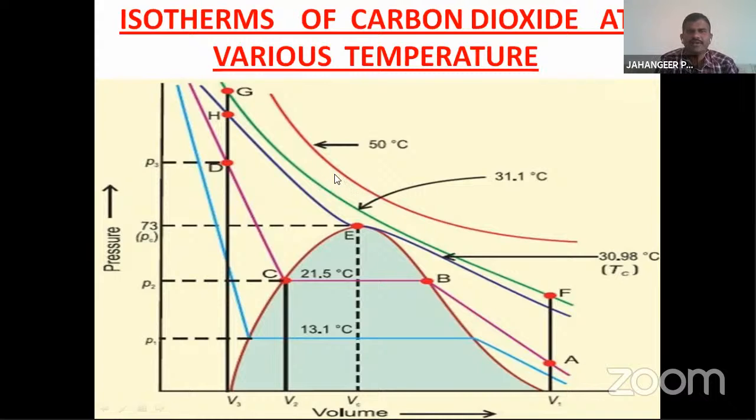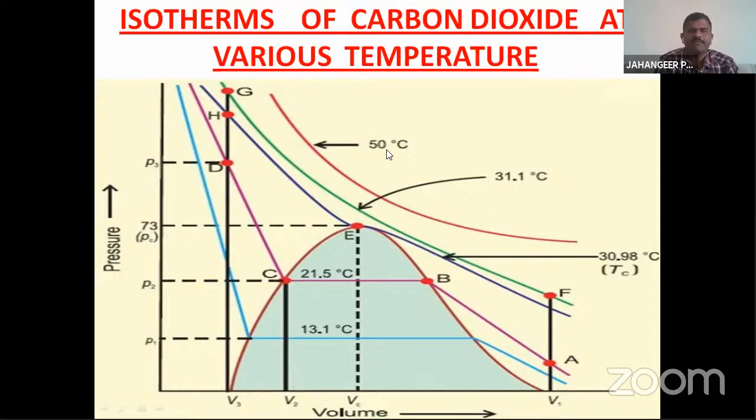According to Andrews' studies, at different temperatures, different curves are obtained: at 50 degrees Celsius, 31.1 degrees Celsius, 30.98 degrees Celsius, 21.5 degrees Celsius and 13.1 degrees Celsius. So he studied the isotherms of carbon dioxide gas at various temperatures.